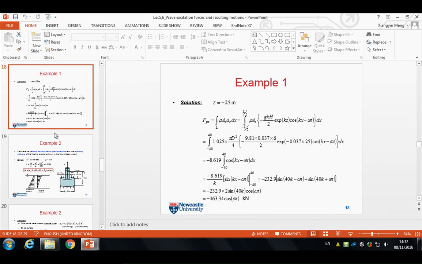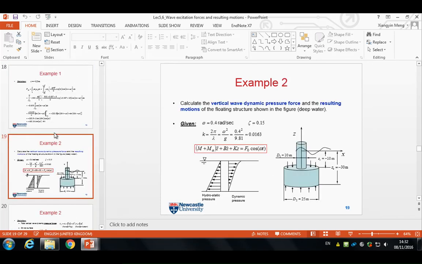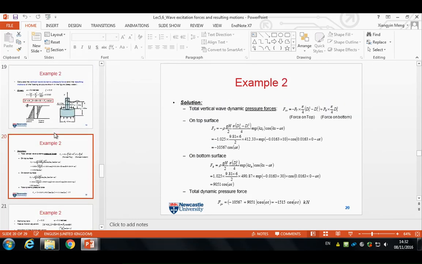But in the second one or third one, there was one question for the wave excitation. I've seen somewhere there was one missing force. Oh, really? Yeah. But I think I have checked them already. Should be correct.